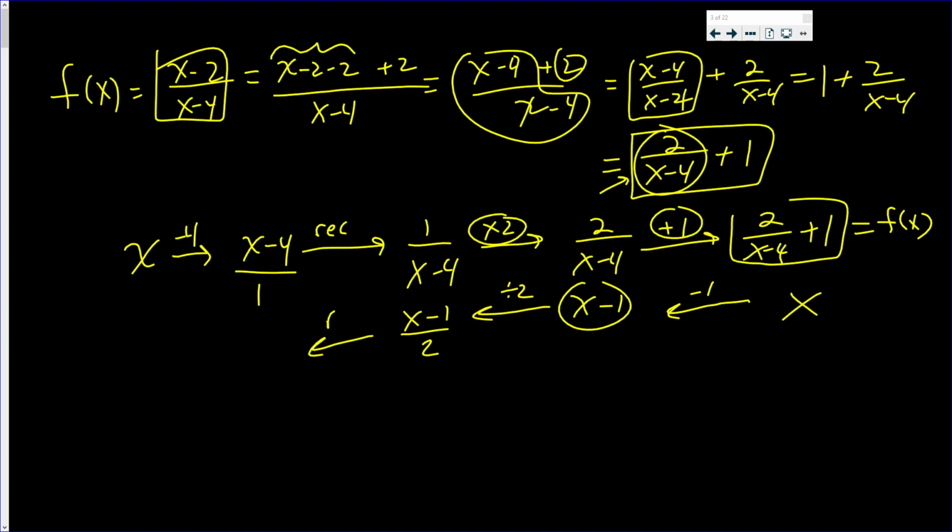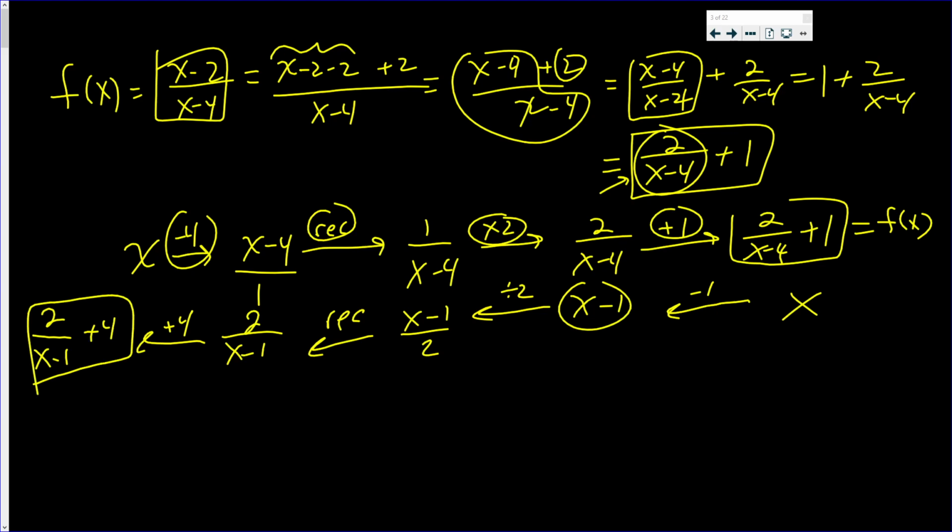To undo taking the reciprocal, I take the reciprocal, and I get 2 over (x minus 1). And to undo taking away 4, I add 4. So I get 2 over (x minus 1) plus 4. That's the inverse. This here is f inverse of x.